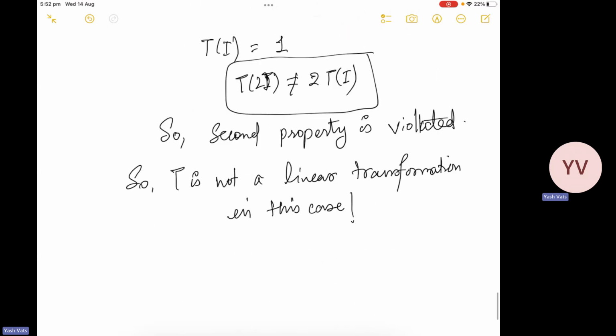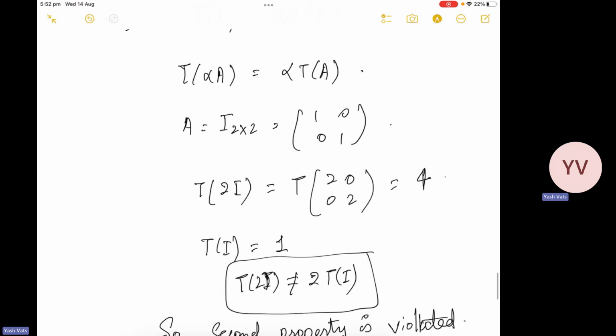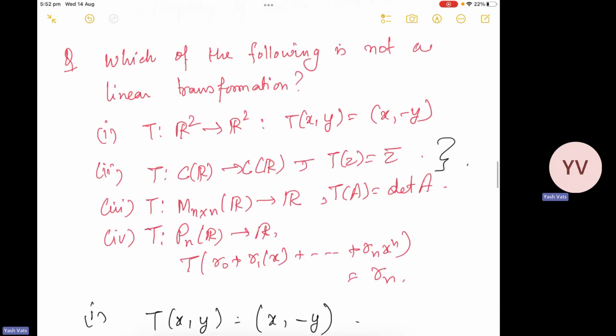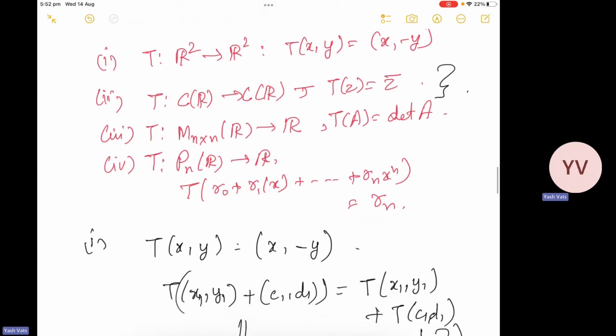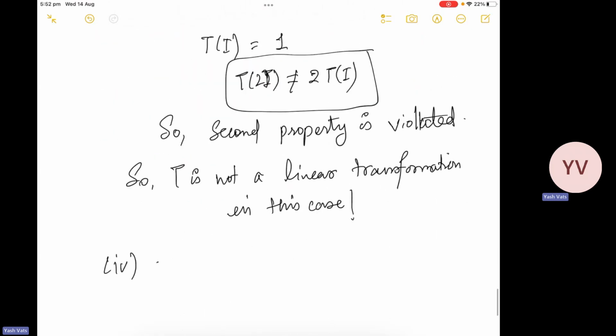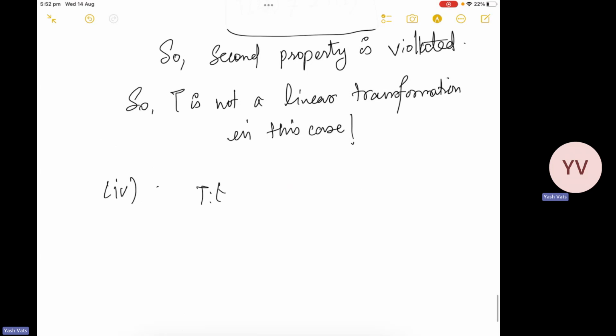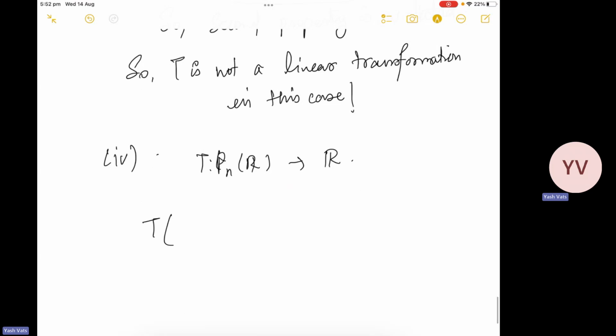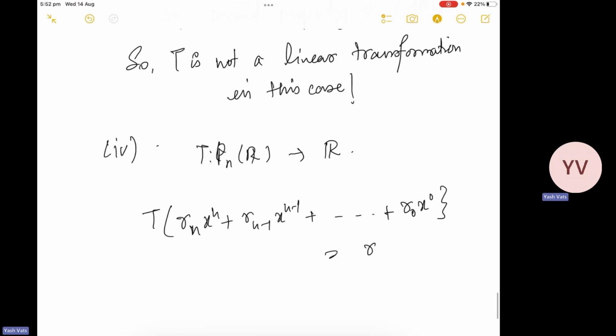And the fourth one is, so you have to find a counterexample when T is not a linear transformation. So T from Pn(R) to R, where T of r0 plus r1 x plus up to rn xn is rn.